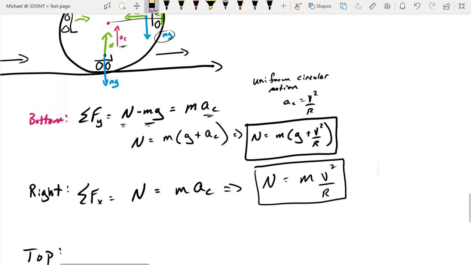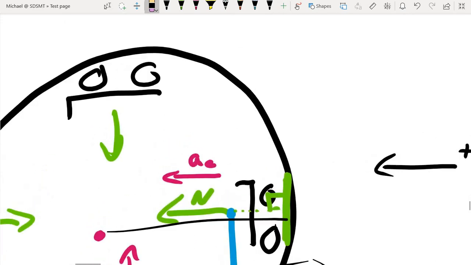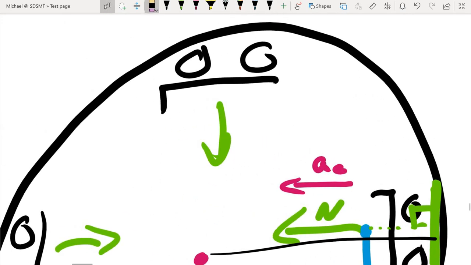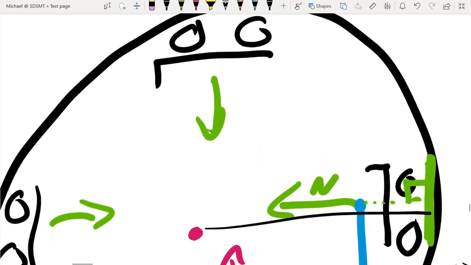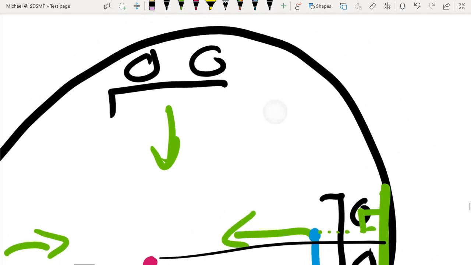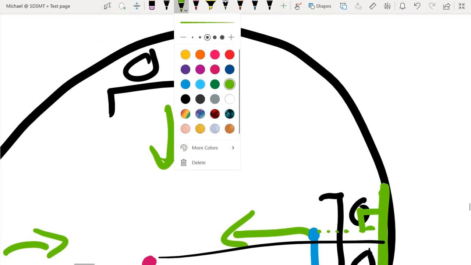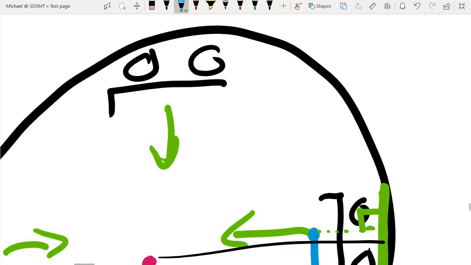Well, let's take a look at the top. There's the top of the circle. I'm going to get rid of this right here just for now, and this, so we don't get ourselves confused. At the very top of the circle, we have the weight of the rider and the bike pointing down.